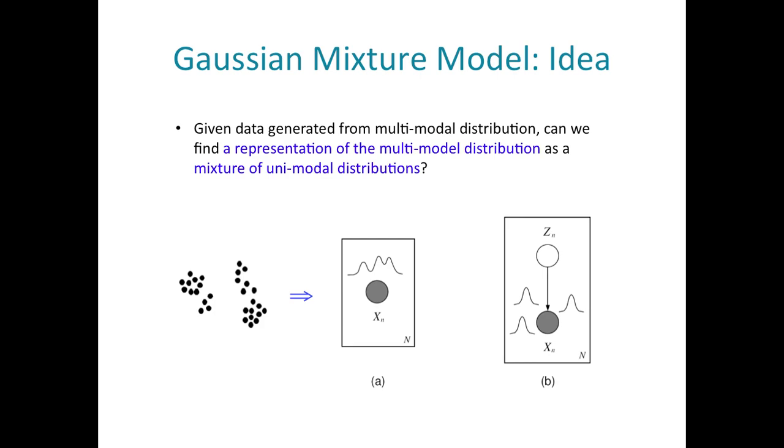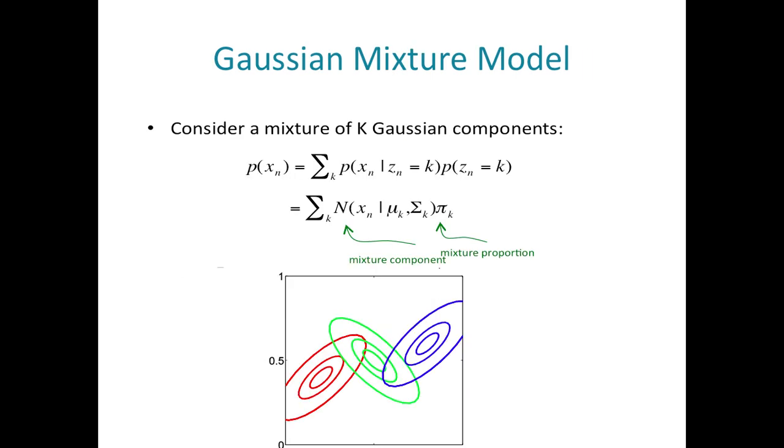Okay, and so if we go back to the original question that we are trying to answer here, we want to understand if we can identify the different Gaussian distributions that could be explaining subcomponents of our data, because those could then be our clusters. A way to formalize this idea is to consider a mixture of k Gaussian components as follows.